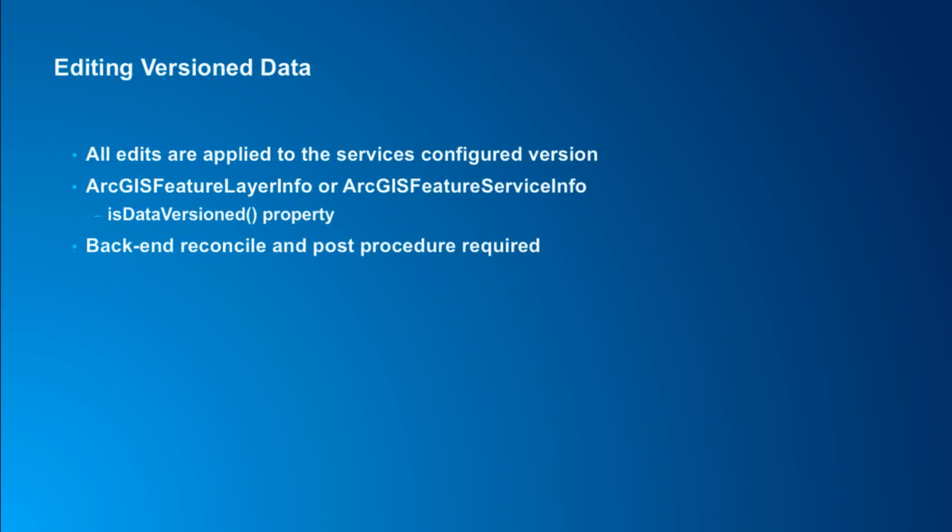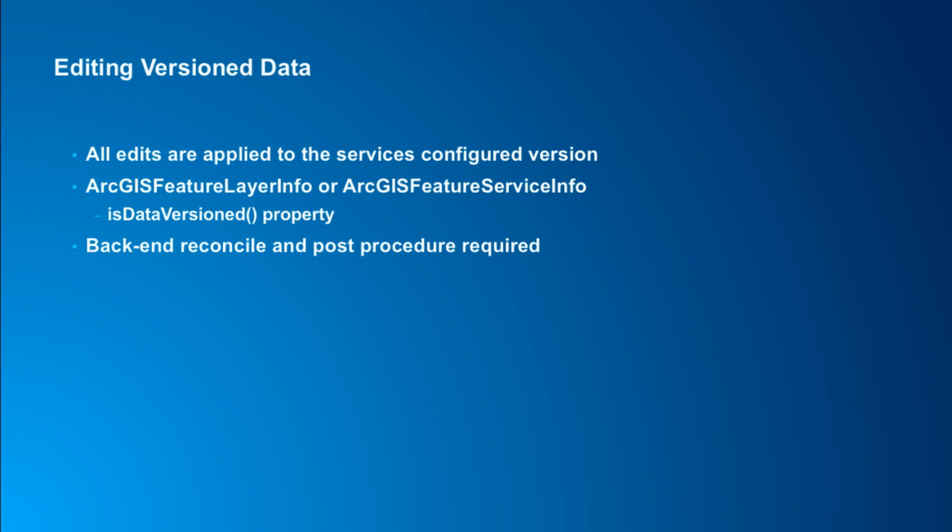In terms of when it comes to editing versioned data, you obviously can version your database at the back end. All of the edits that happen in the feature service just go into the version that's been configured for that service. When you publish a service, you can configure what version you want those edits to go into. All of the edits go into that single version.